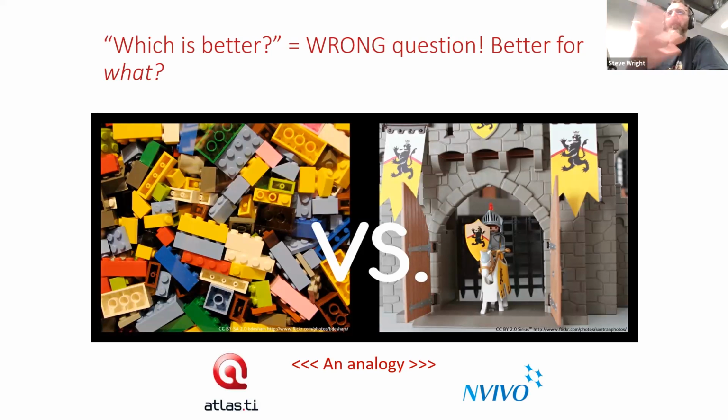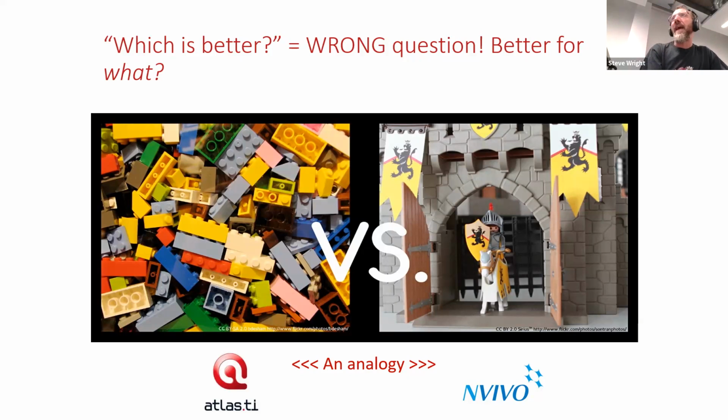NVivo has more stuff built into it to just get you going. It has code hierarchies, it's got a really nice framework reporting tool, and so on. So if you know what you're doing, it's a bit like Playmobil. It gives you most of the big bits, and you just quickly put them together, maybe stick some stickers on, and you've got a Playmobil castle.